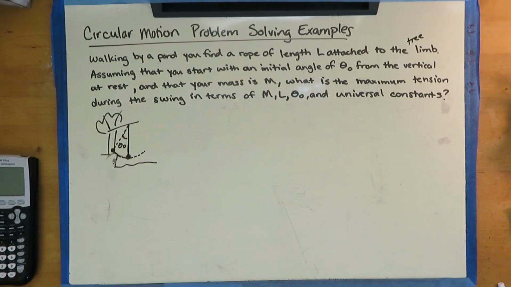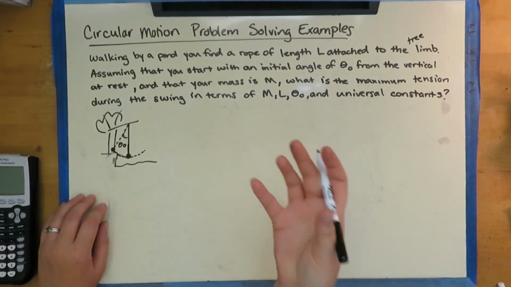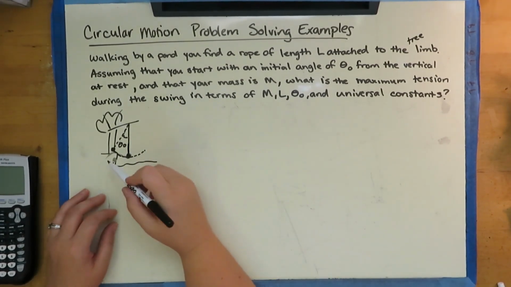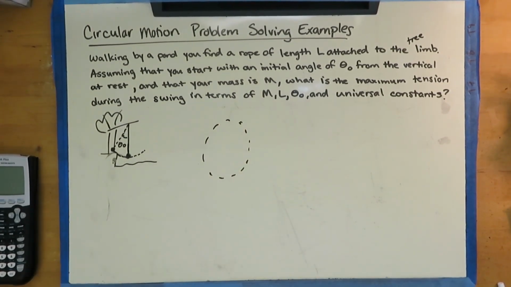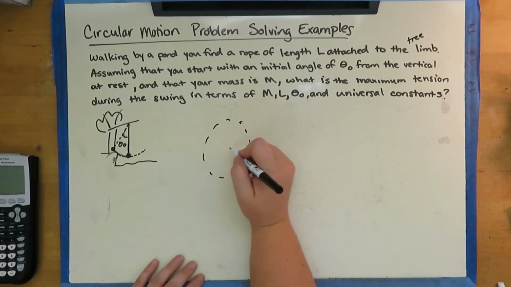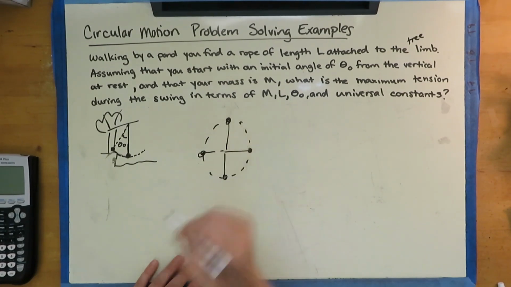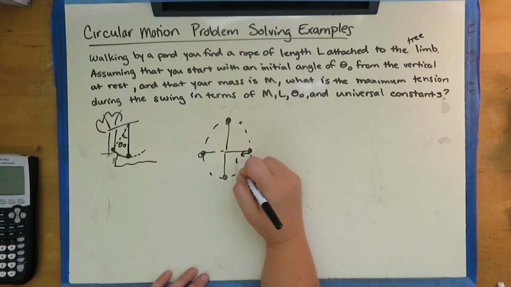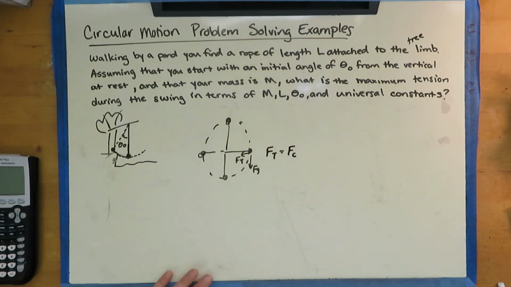So where would that maximum tension occur? Well, that maximum tension is going to be related to your speed, and to your centripetal force. If you think about the vertical circle example we did previously, on our first day of circular motion, we looked at different points along the swing and what's going on with our forces. We had gravity and tension. On the sides, your tension was your centripetal force.